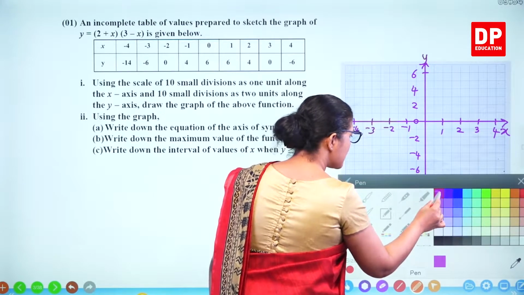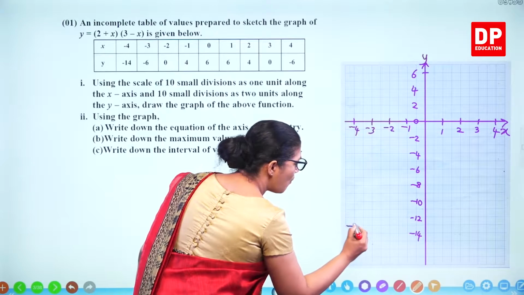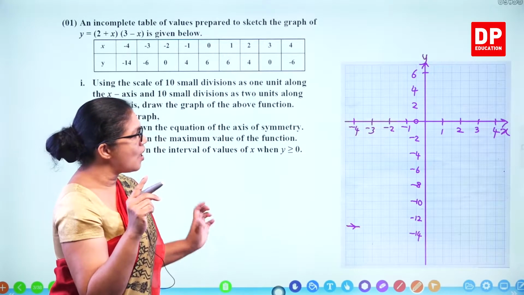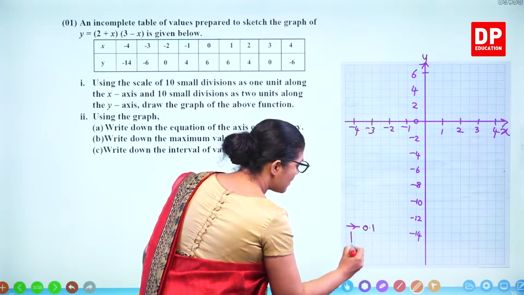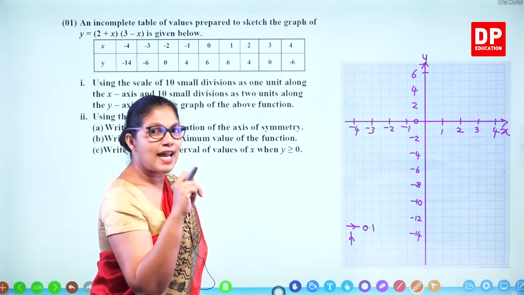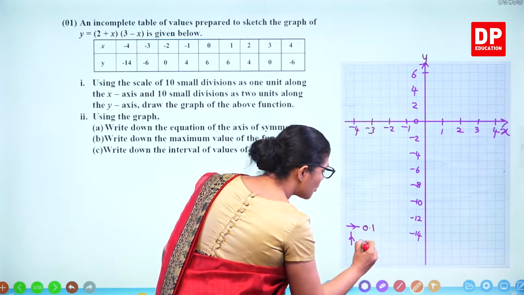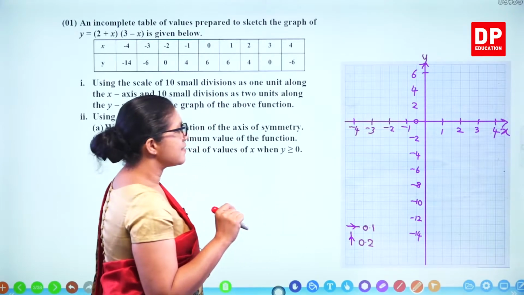And before that, shall we write down the scale? So this way 1 square is 1 over 10 because 10 squares, 1 unit. So this way 0.1. But this way now 2 units, 10 squares, 2 over 10. That means 1 over 5, 0.2. 1 square means 0.2. So that's the scale.